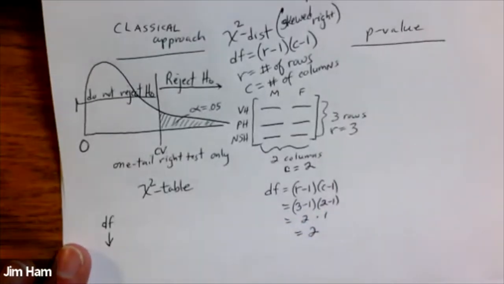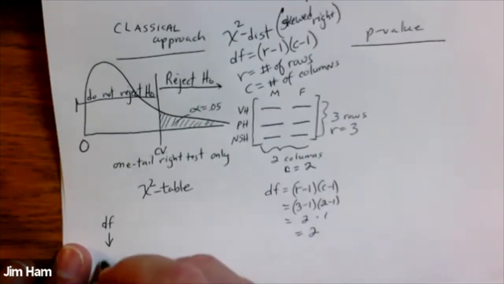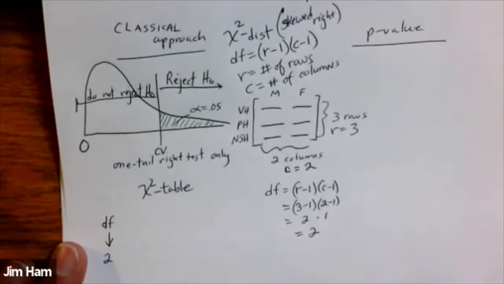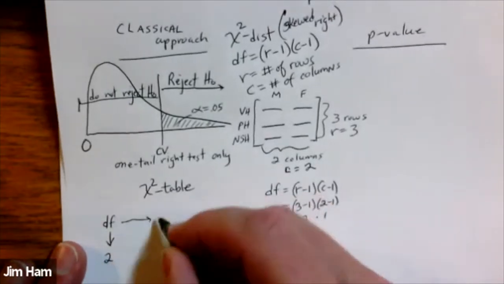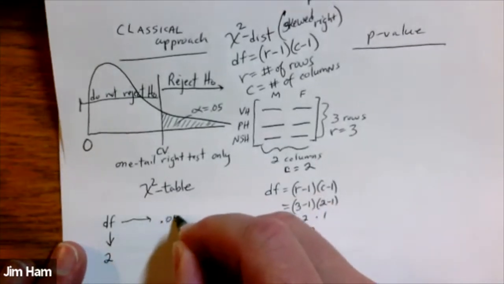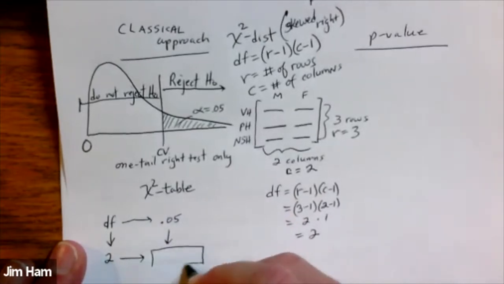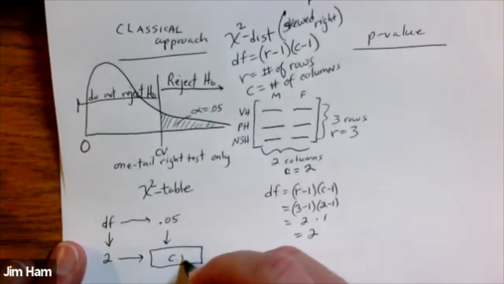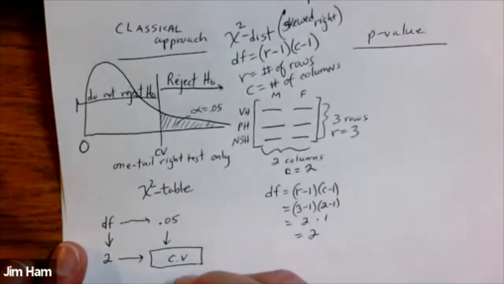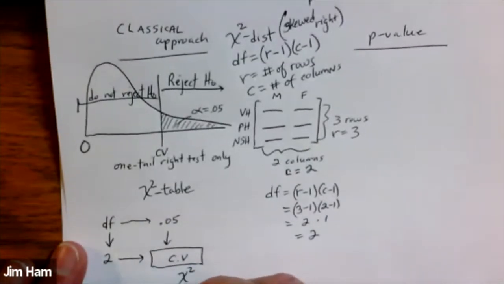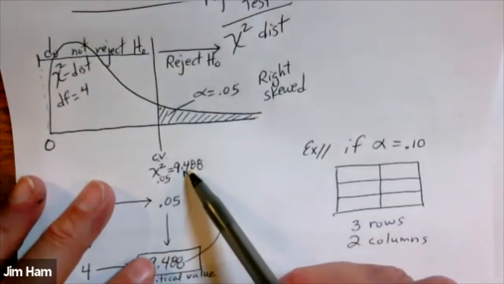So what you're going to find is that in most of our problems, the degrees of freedom is going to be a very, very small number. In this case, it's 2. So you go down to the degrees of freedom 2, and you go over to the alpha 0.05, and the number that you find in this spot right here is the critical value. It's going to be called the chi-squared of 0.05 number. Go find this critical value from the table.